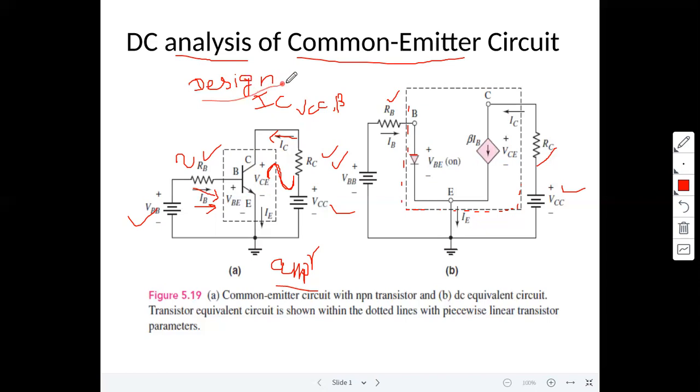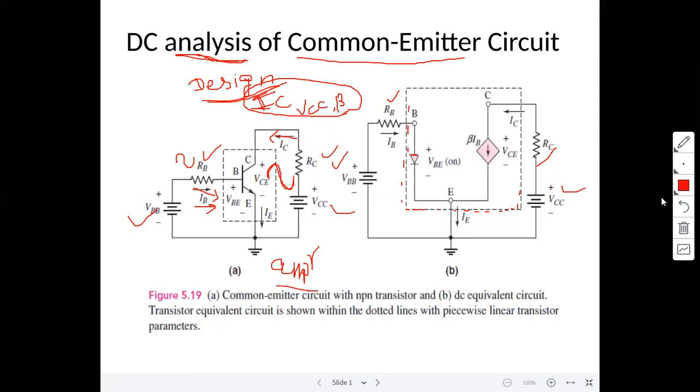That concept is called design. There is a small difference between analysis and design. In analysis, you know the resistor values and power supplies, and find the unknown currents and voltages. Whereas in design, you know the current, power supply, and beta information, and with the help of these three, find the resistor values RB and RC.